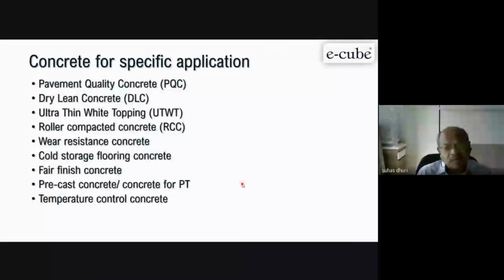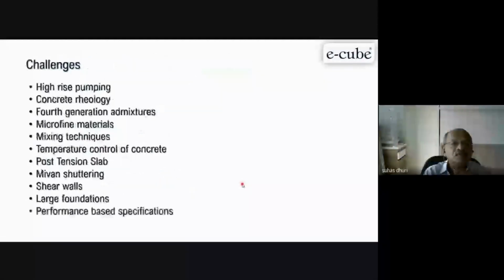Then concrete for PT slabs, post-tension slabs. In most projects in Mumbai you must have seen that we design PT slabs. And then temperature control concrete. Definitely this is one of the requirements for high-rise buildings, where concrete temperature should not go more than 70 degrees at the core. That also we will touch upon, how to go about designing those.